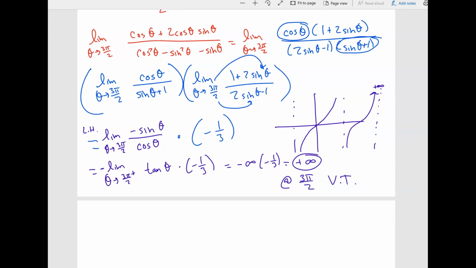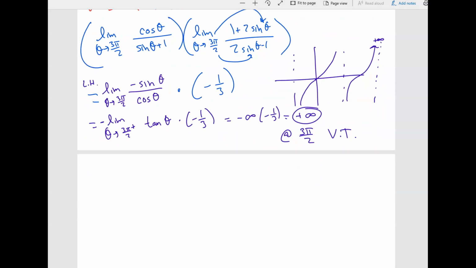So my horizontal tangents are at theta equals pi over 2, 7 pi over 6, and 11 pi over 6. And my vertical tangents are at theta equals pi over 6, 5 pi over 6, and 3 pi over 2.